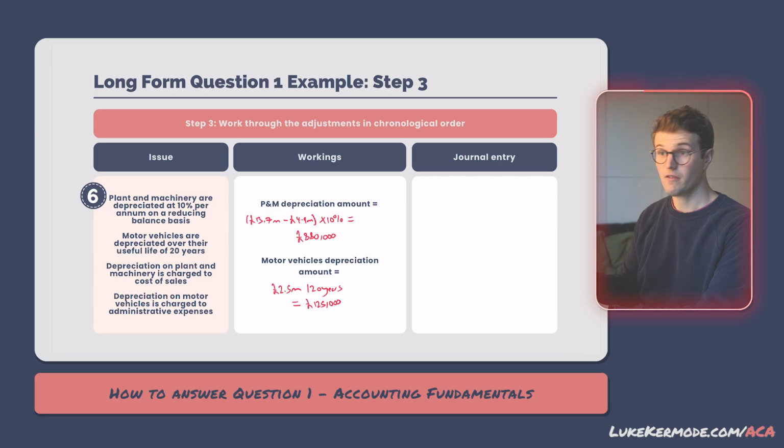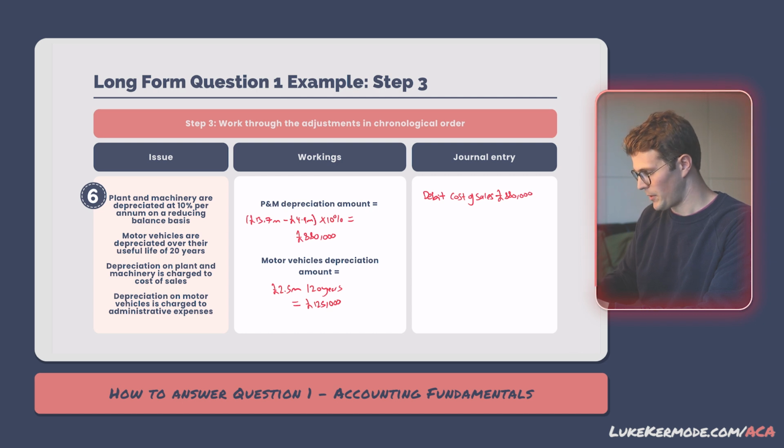Now let's think about the journal entries. For depreciation of the plant, we need to debit cost of sales by 880,000, and we credit plant and machinery again by £880,000.